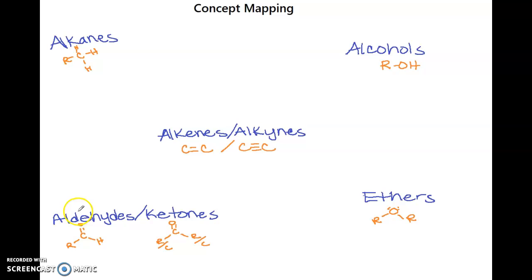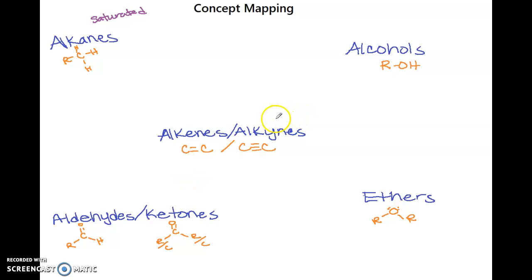Another thing you could do with your concept mapping is compare some properties. One thing you might want to consider if you're watching this video is to develop your own concept map, and then watch what I do and see how they compare, how we developed relationships differently. So I'm going to jump into properties a little bit. Alkanes, for example, are saturated, so only single bonds.